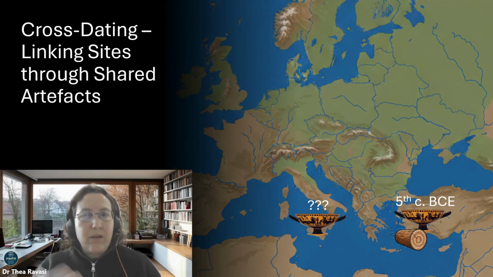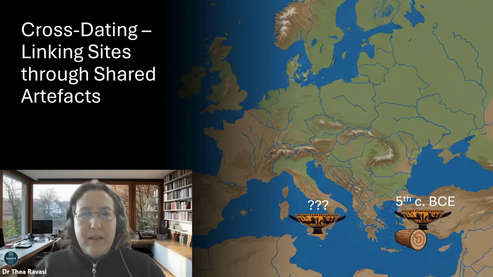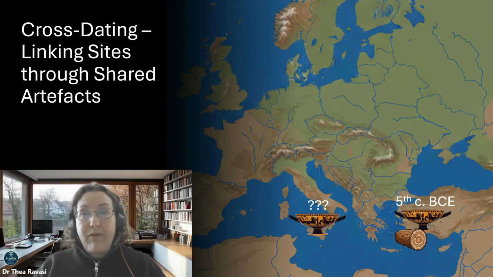So you see here, you find perhaps a Greek cup in Asia Minor, in Turkey, dating to the 5th century BCE, because it's in a context that has been dated through dendrochronology, and you find a similar one that through typological studies and seriation studies is identified as belonging to the same typology as the one you have found in Asia Minor.